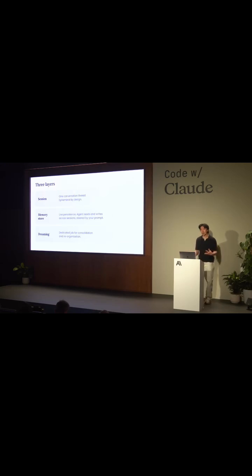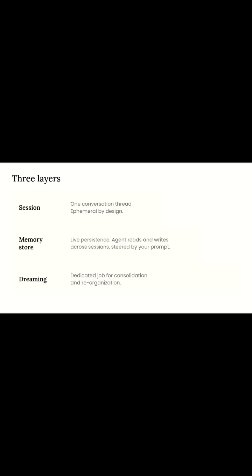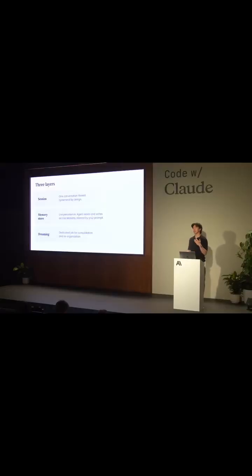And talk a little bit about how you can view sessions, memory stores, and dreaming as three composable layers. If you think of a session as an isolated instance of an agent running, it's typically one conversation thread, typically ephemeral, right? A memory store augments that. So now you can connect information across multiple sessions, right?